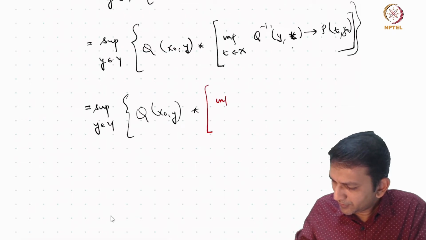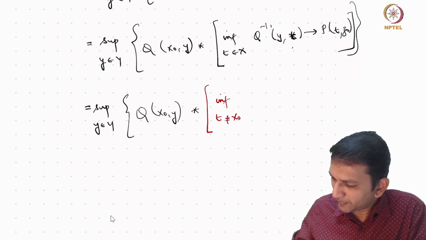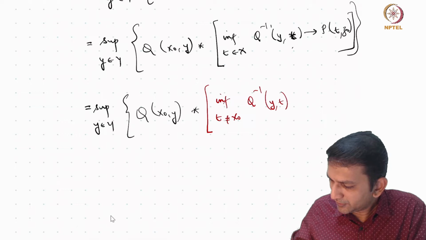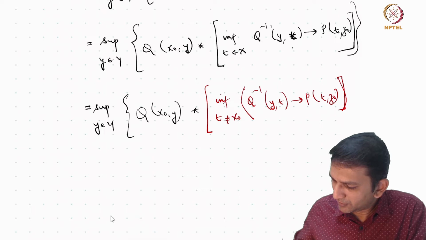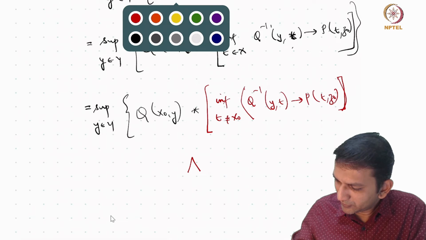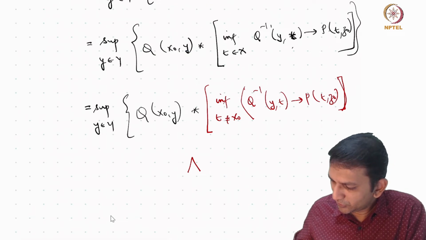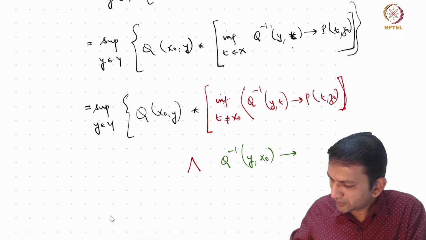The part where t is not equal to x0, Q inverse of y comma t implies P of t comma z0, and the part where t is equal to x0, which is Q inverse of y comma x0 implies P of x0 comma z0.